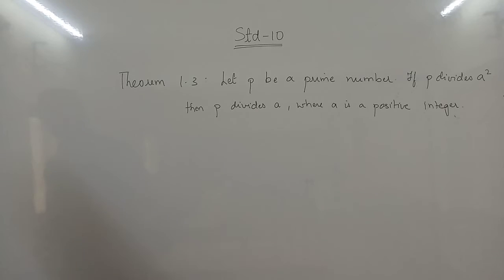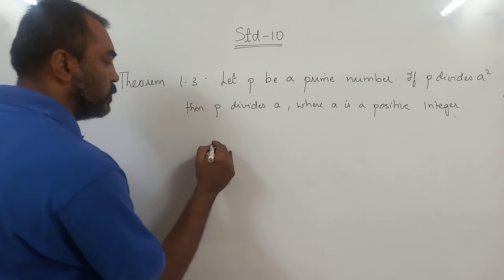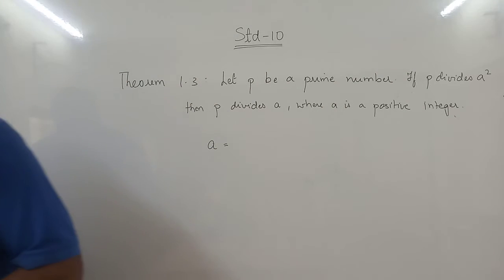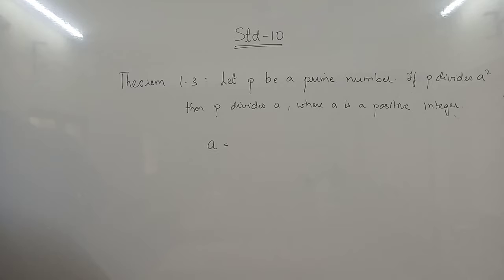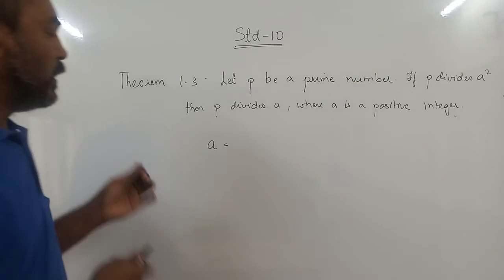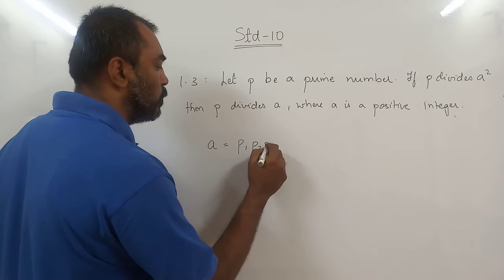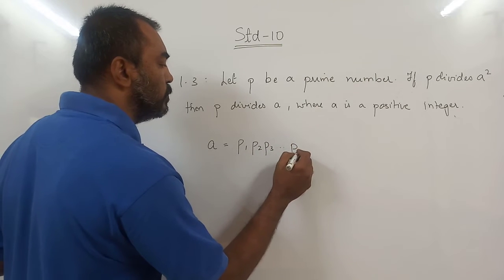So first, let us take the number A. Now what we have learned, any positive composite number can be expressed as the product of its primes. How many primes we don't know. But let us say A is a number and the primes are P1, P2, P3 up to Pn.